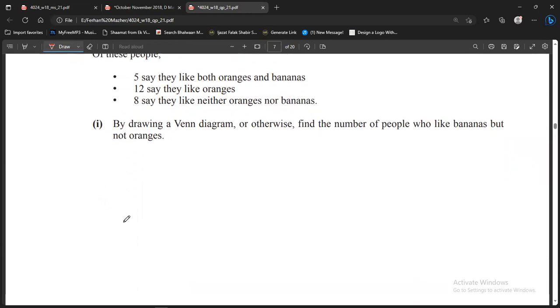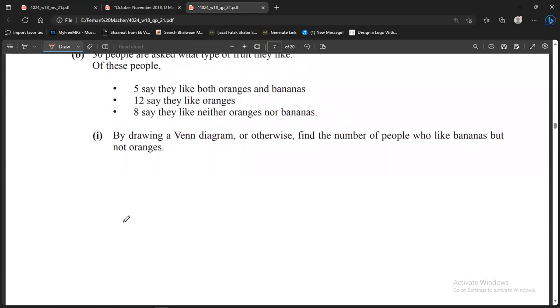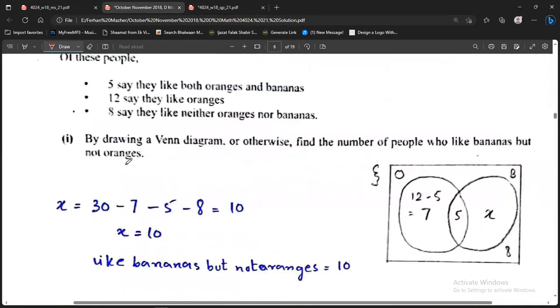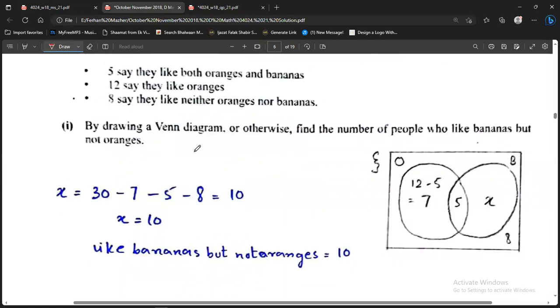By drawing a Venn diagram, find the number of people who like bananas but not oranges. Okay. So what I will do, I will draw a Venn diagram here. So see, I draw 2 circles, orange, banana.